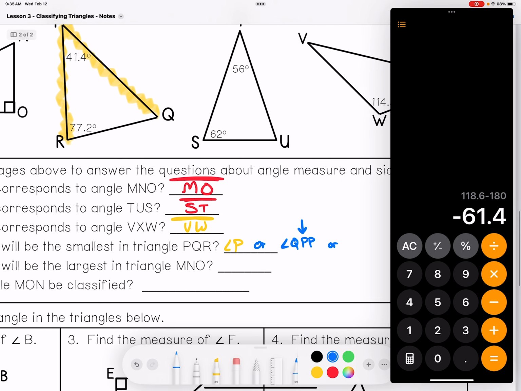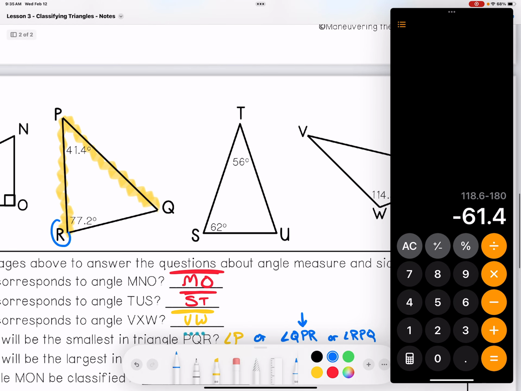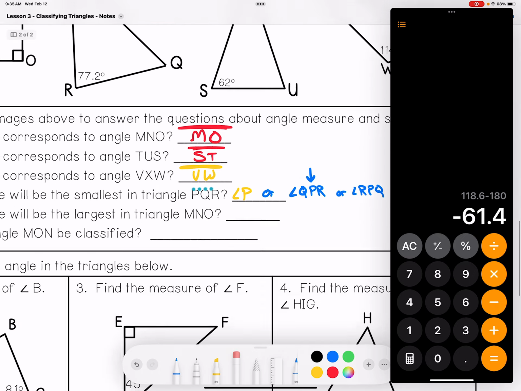Or you could even put PRPQ, which would be starting here and going that way. All right, I'm going to zoom back into that.